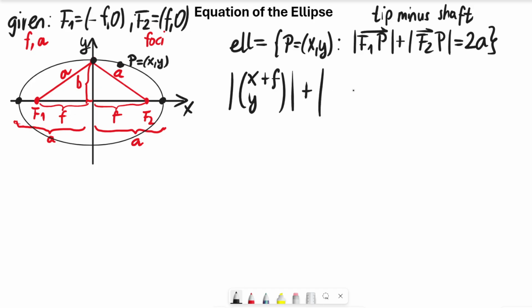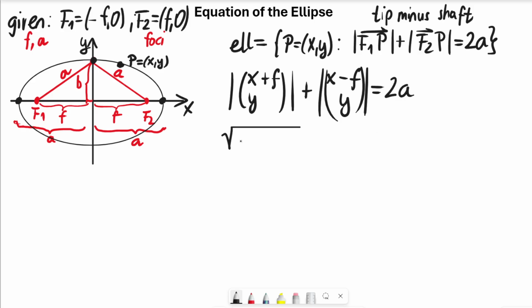Plus, again, tip minus shaft, P minus focus F2. So we have x, y, and now we subtract the f as there is no minus. And this should be equal to 2a. So what is the magnitude? It's the square root of the components squared.